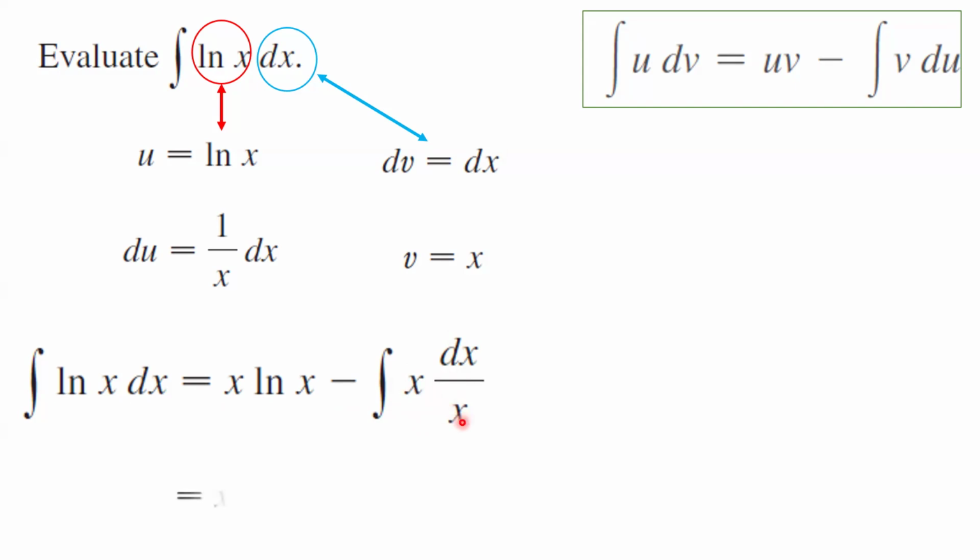This integral is equal to x ln of x minus the integral of dx, which can be easily solved as x ln of x minus x plus constant of integration. Remember that we can always take the derivative of the right-hand side and show that the derivative of x ln of x minus x plus c is nothing but ln of x, the integrand inside the integral.